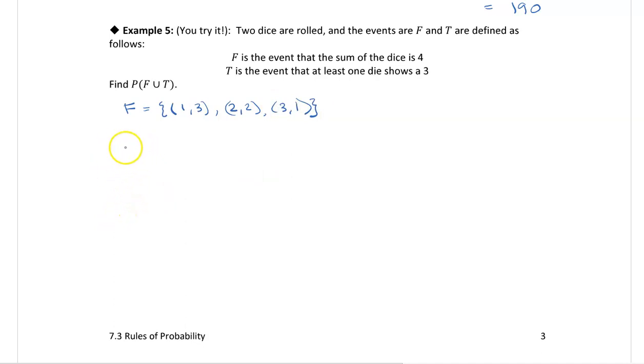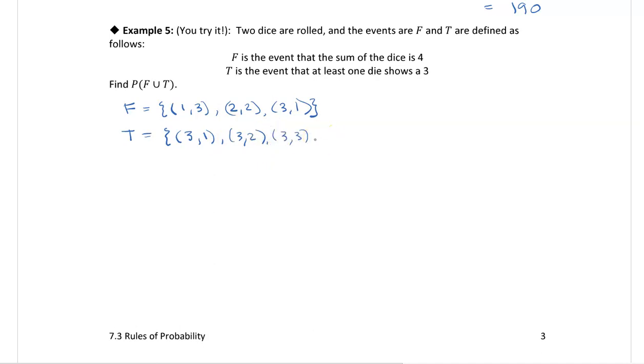So that's our set. We'll just write it out. What does the set for the event that one die shows a 3 look like? We don't really care about the other die, just one of them to show a 3. So we could do 3, 1. We could do 3, 2. We could do 3, 3.